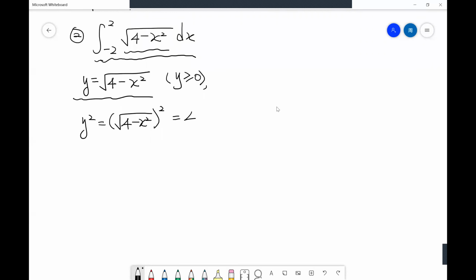So that equals 4 minus x squared. Don't forget y should be larger than or equal to 0. And then we have y squared equals 4 minus x squared, right? So we have x squared plus y squared equals 4, under the condition that y should be larger than or equal to 0.